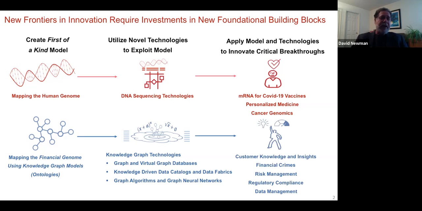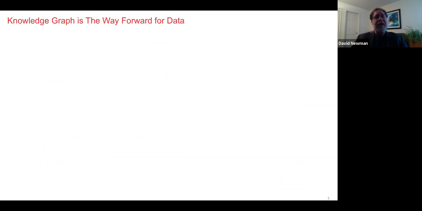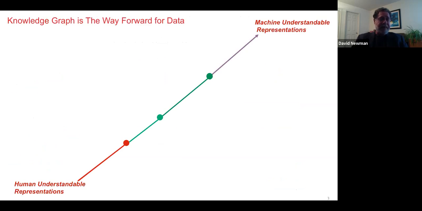And these will result in some new innovations, such as advanced ways of understanding customer 360, ways to better solve financial crimes, make risk more visible to better manage it, improvements in regulatory compliance, and significant improvements in data management. Knowledge graph is really the way forward for data.